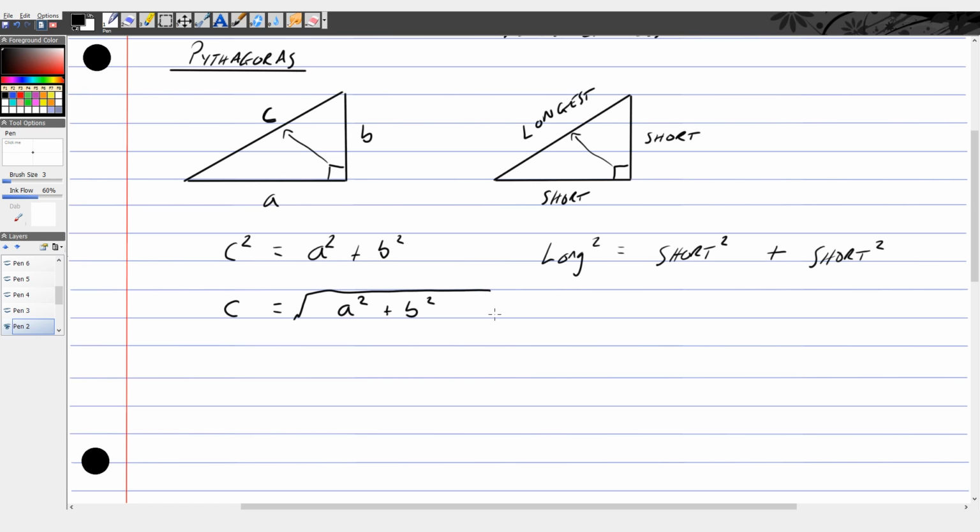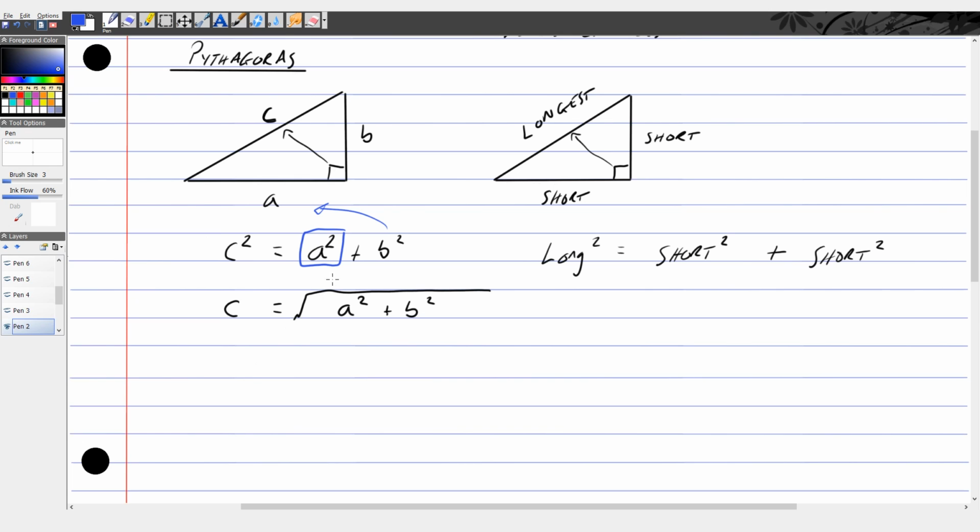So if we want to find, say, the short side A, find its length, then to get the A term on its own, we need to move the B term to the other side, like we've done in rearranging formulae. So we'd take the B squared, move it over, change the side and change the sign.